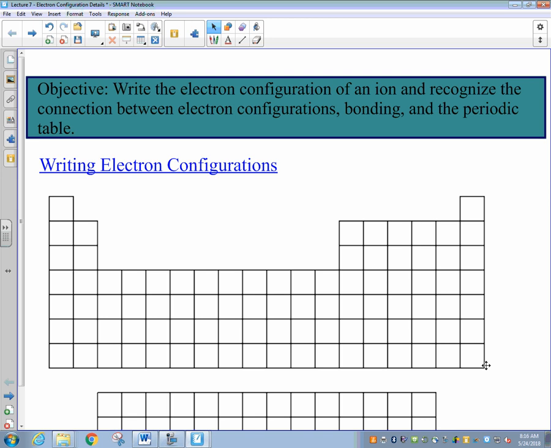What I'd like to look at here is a couple of electron configurations for different elements on the periodic table and see if we can develop a new way of looking at this table with respect to those electron configurations. So let's go ahead and start with group 1 on the periodic table, the alkali metal family.